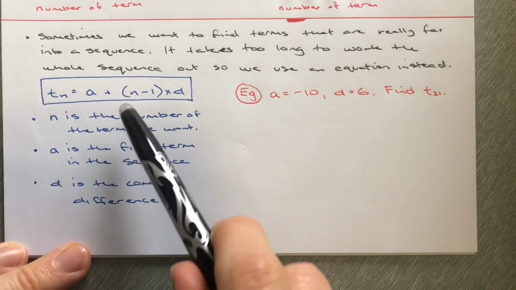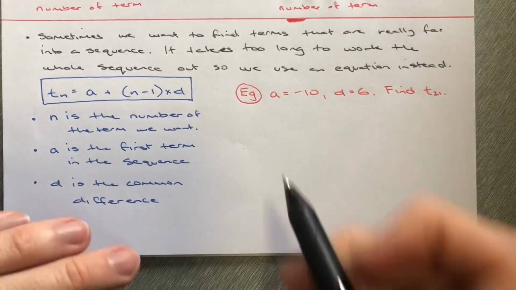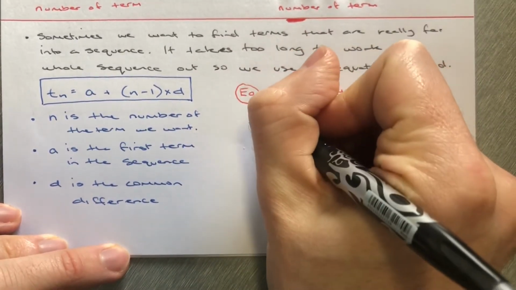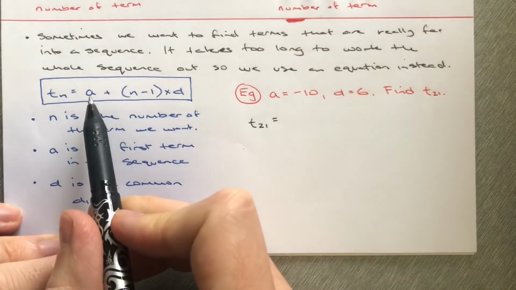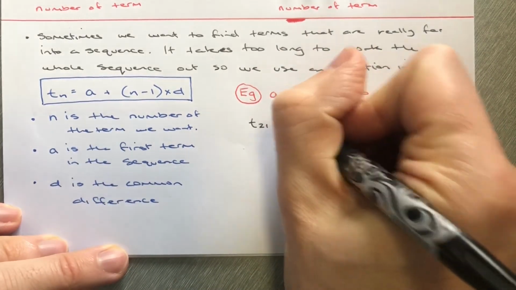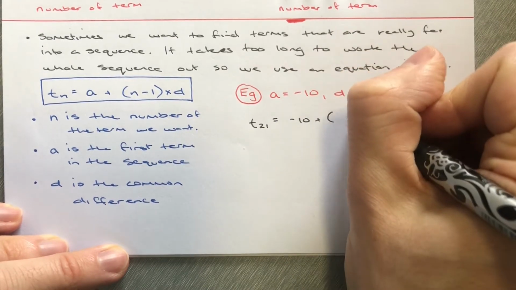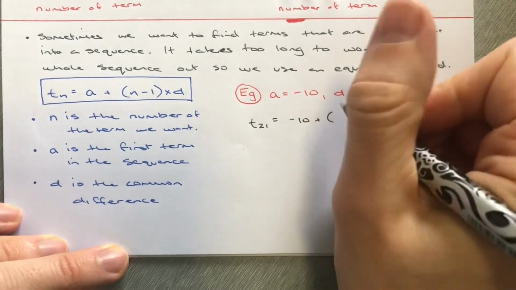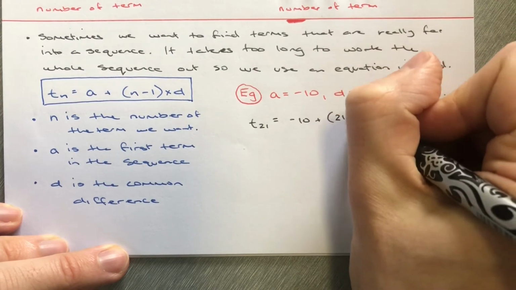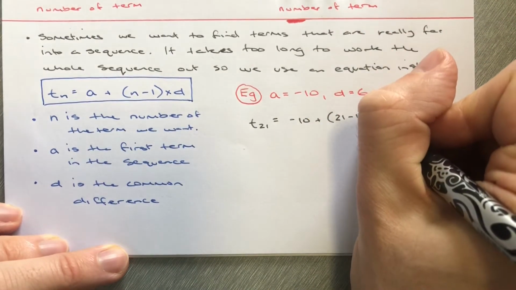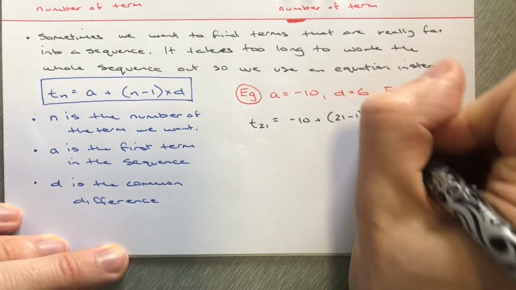So we're going to use this formula here to do it. We want to find the 21st term, so that's T21. Now we need to plug these things in. So A goes in there, so minus 10 goes in there, plus n minus 1. Now what was our n value? 21. So 21 minus 1, and we want to times that by the common difference, which is 6.